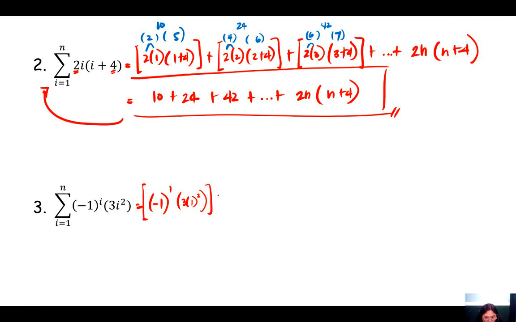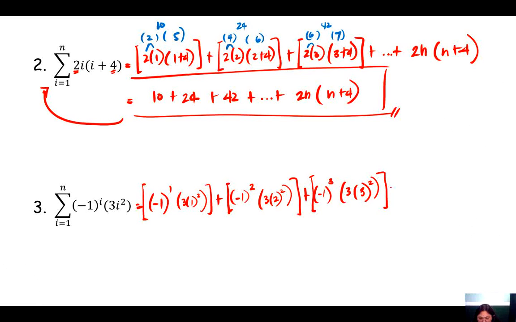Plus negative 1 raised to 2 times 3 times 2 squared. Plus negative 1 raised to 3 times 3 times 3 squared. Nobody should get confused.